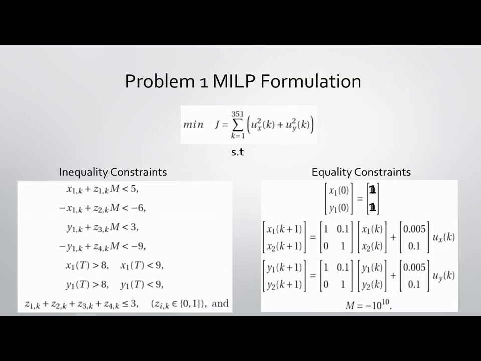And so now we formulate the mixed integer linear program based on the previous slide. One thing to note, however, is that the condition to keep the robot outside of the obstacle region was made up of or statements. You had either x1 was less than 5 or greater than 6, or y1 was less than 3 or greater than 9. And there's no way to directly translate your or statements into a mixed integer linear program.